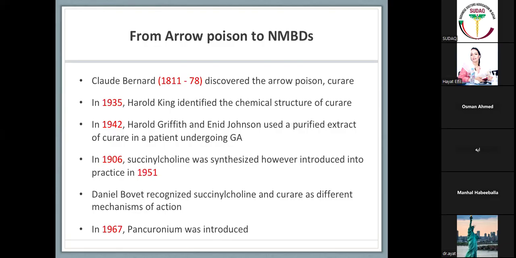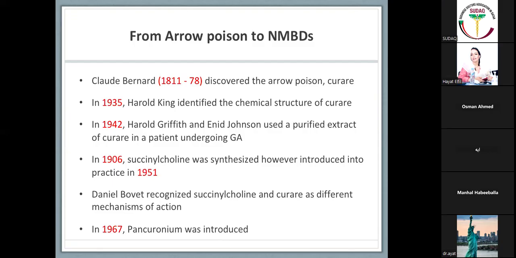Succinylcholine, which was a marked step in the development of neuromuscular blockers, was synthesized in 1906, but it was not until 1951 to 52 that it was introduced into clinical practice.